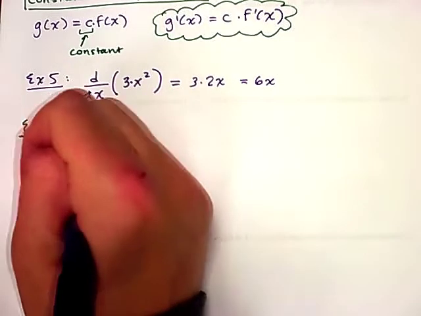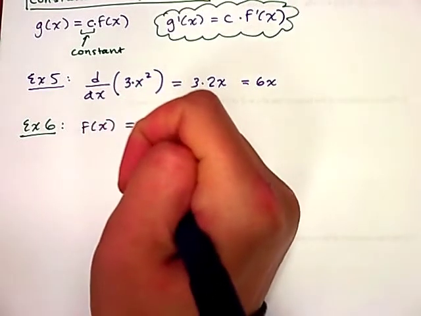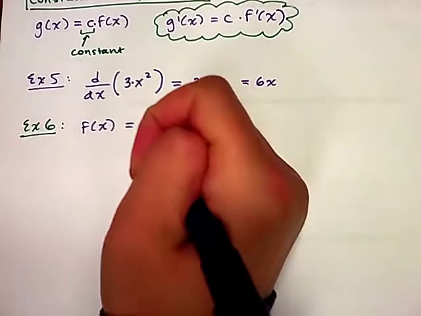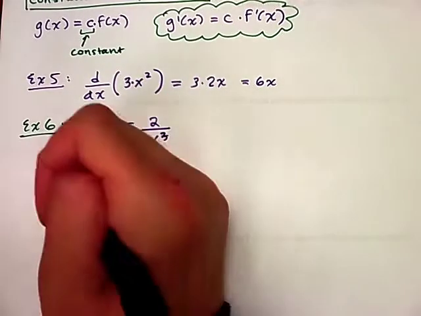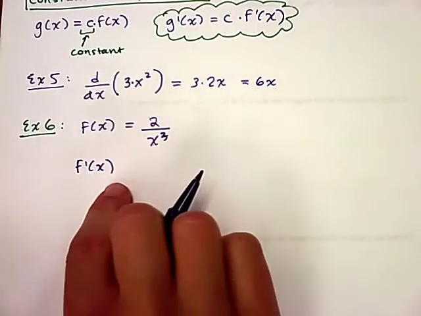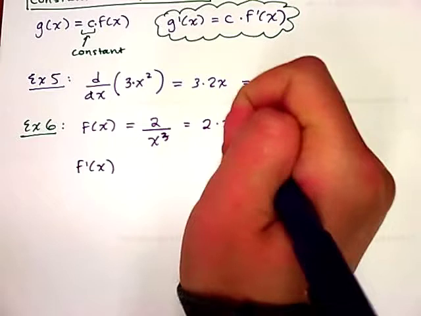My next example is if f of x equals 2 over, say, x to the 2nd. Well, we'll say x to the 3rd, make it a little different. So then what is f prime of x? Before I get to my derivative, let's rewrite this as 2 times x to the -3.